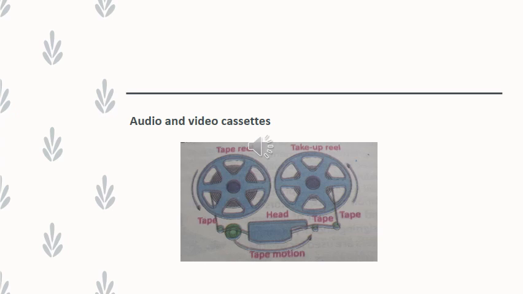So we say the magnetic tape is magnetized. Magnetized means that sound is converted into electrical signal and current is flowing through it in a particular pattern according to the rise and fall of the current. So in this way, sound is stored in a specific magnetic pattern on the tape.